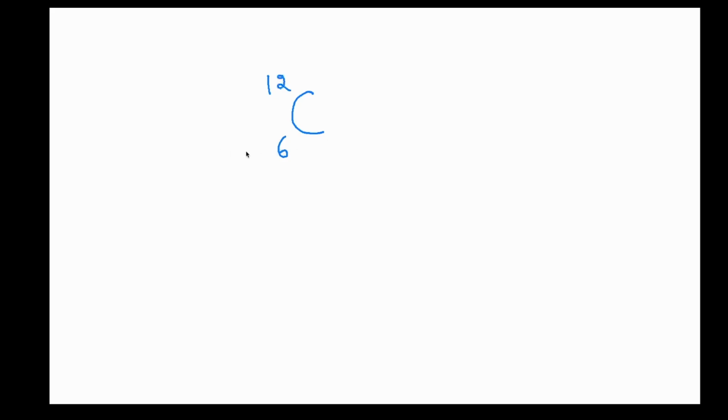As we have discussed earlier, this number here is the atomic number which is designated Z, and this is the mass number which is designated A. Please remember that the atomic number gives us an indication of the total number of protons present in the nucleus of the atom. So carbon with an atomic number of 6 has a total of 6 protons in its nucleus.